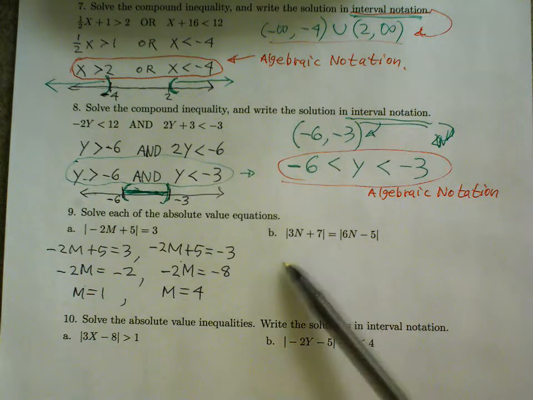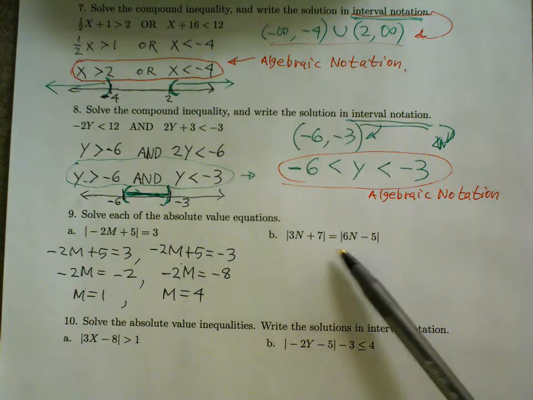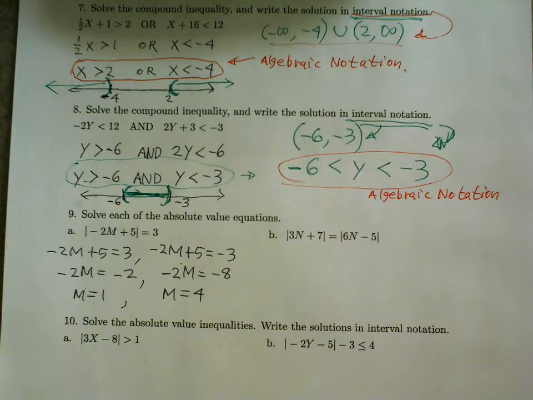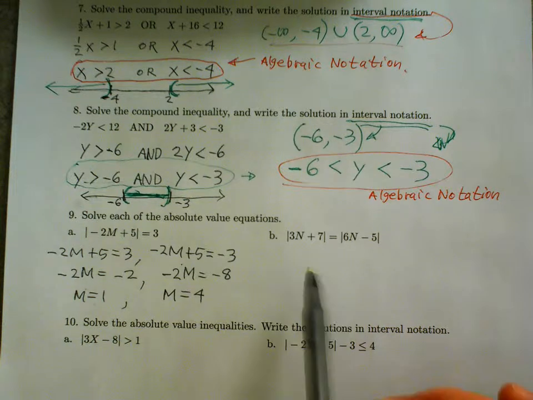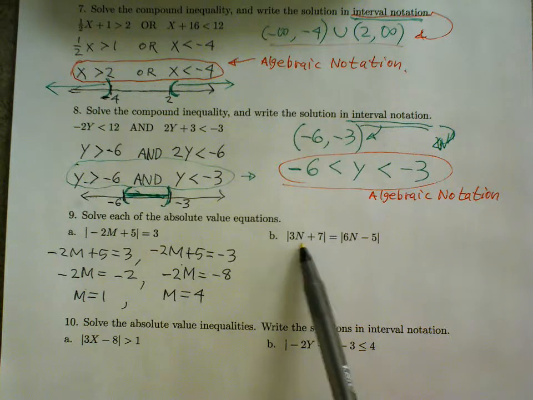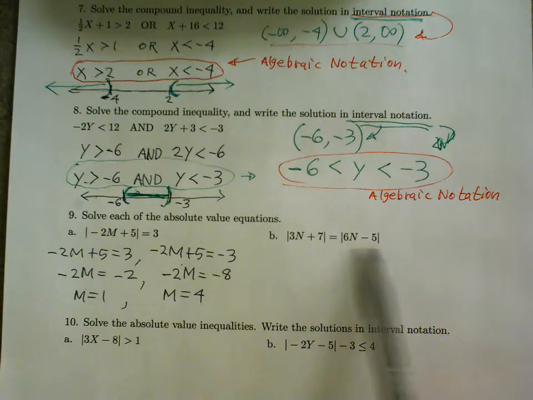Okay, part B, the absolute value of 3n plus 7 equals the absolute value of 6n minus 5. Okay, we want to write two equations without absolute values. Okay, so if the absolute value of 3n plus 7 is equal to the absolute value of 6n minus 5, then there's two possibilities.